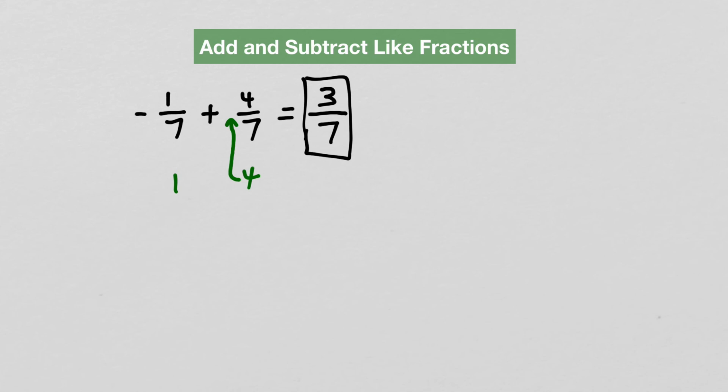Let's suppose we have 3/8 minus 5/8. Okay. So we have a negative involved and we can do something about it.